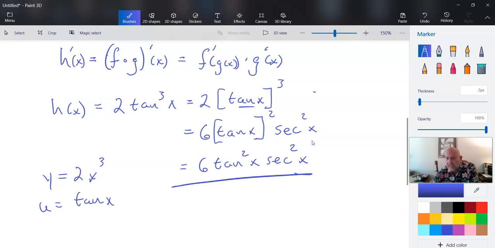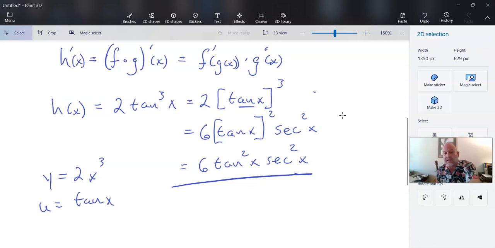If you can see it, it moves a lot faster this way, so it's a good idea to practice seeing it this way. If you can't see it, it's okay to separate out the u and make it look like one of the previous problems, where we have a dy du and a du dx. So it's up to you how you want to handle it. I find this to be the most practical way to get a hold of things.